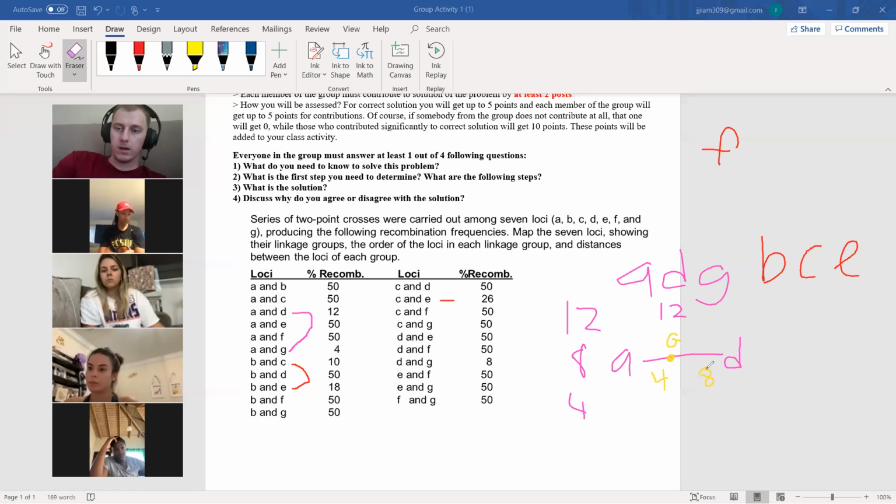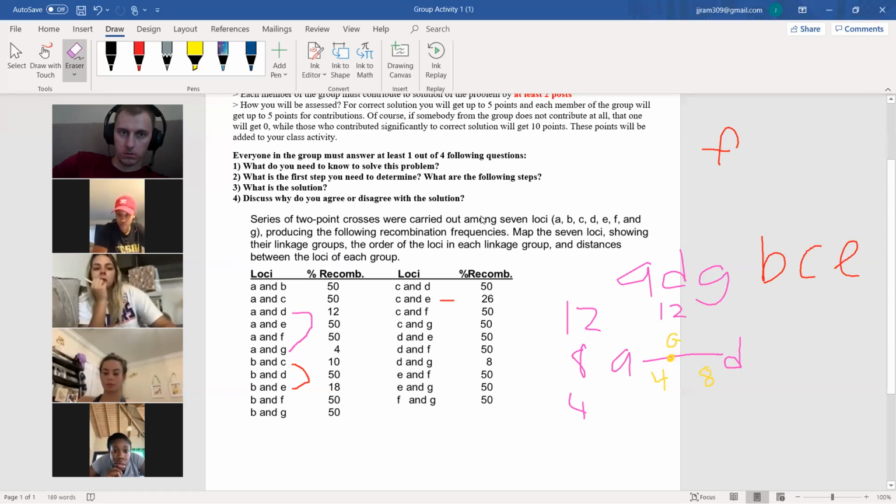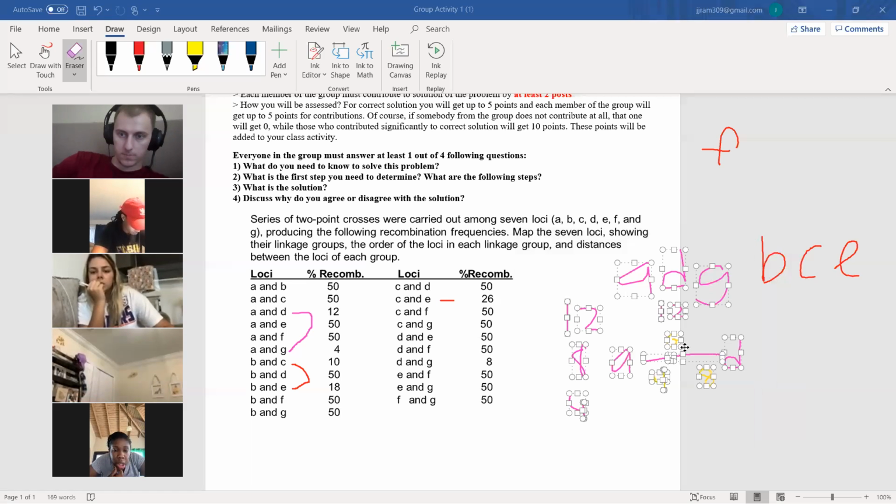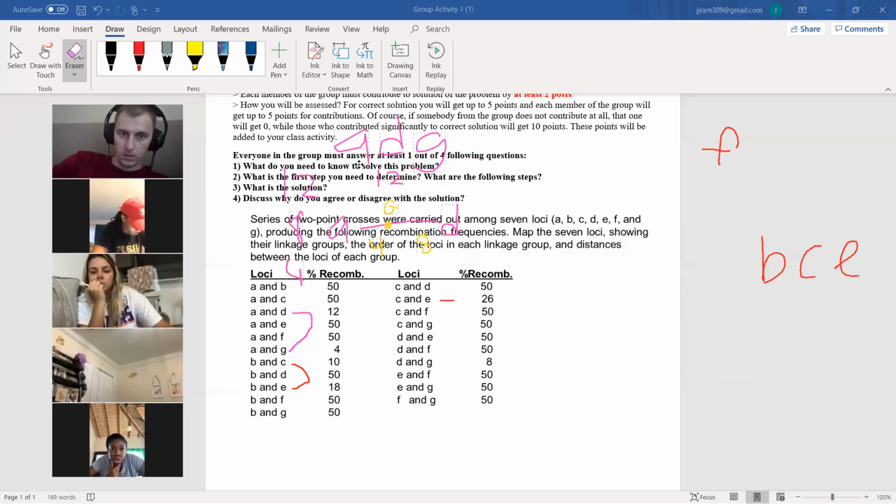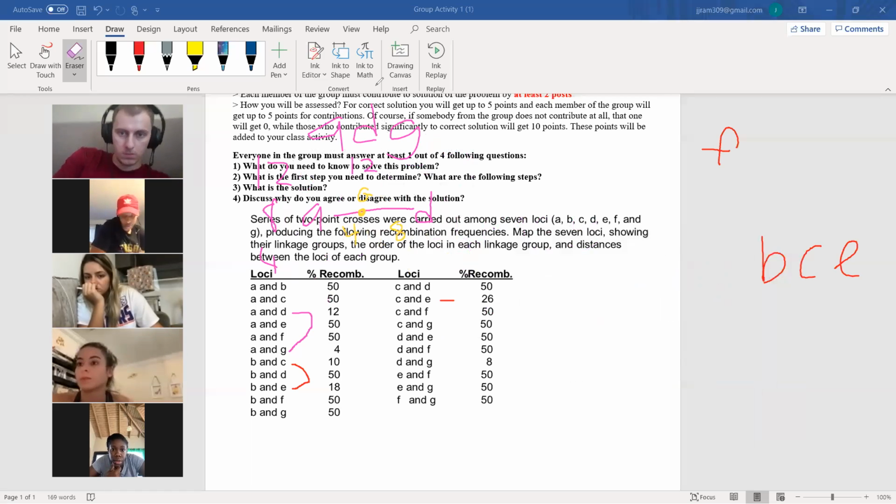The second pair is B, C, and E. We're going to look at which one is the longest here. We have a few options. I'm going to move this out of the way real quick. B and E is 18.